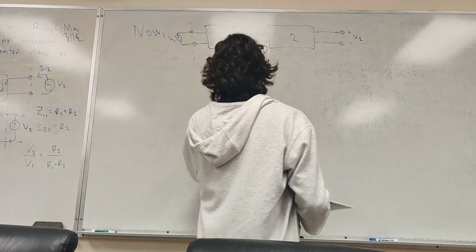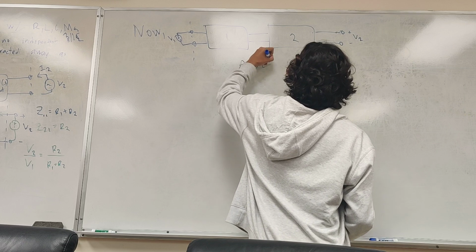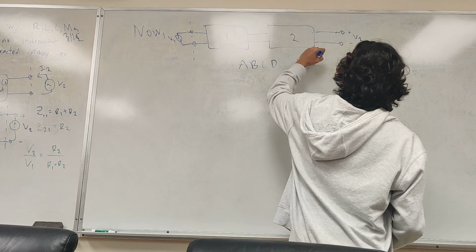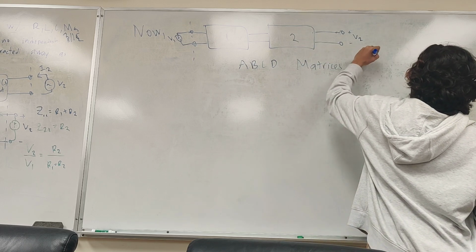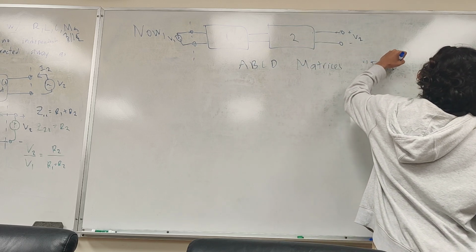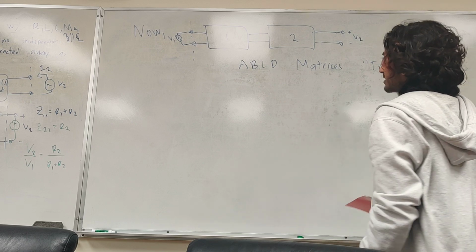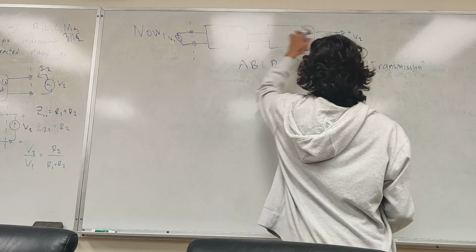So what we're going to do is transition to something called ABCD matrices, or transmission matrices, aka transmission. As the name suggests, it's going to allow us to easily consider a signal going from here to here.